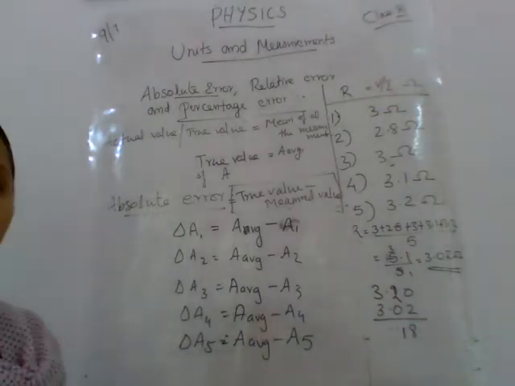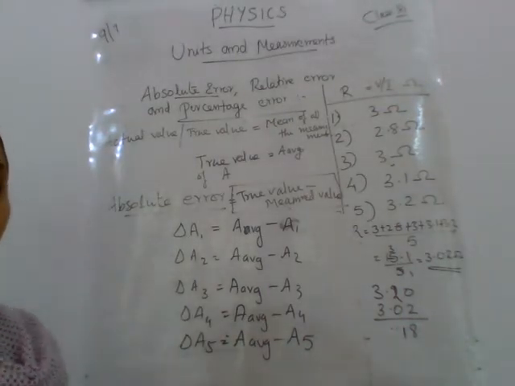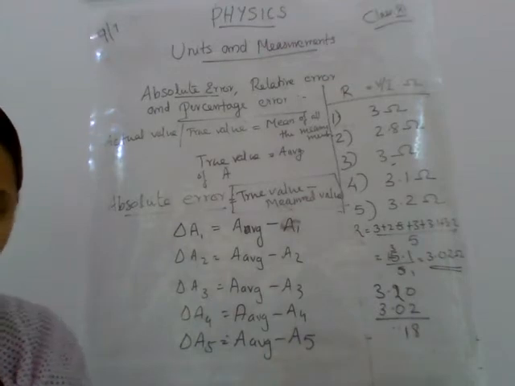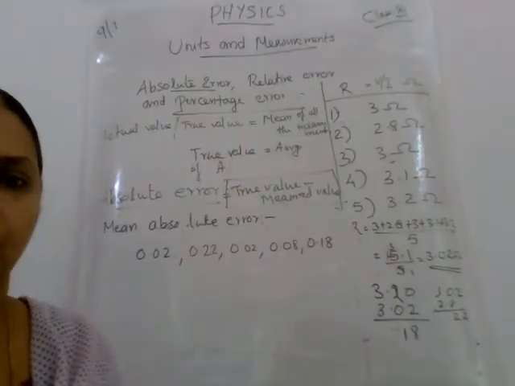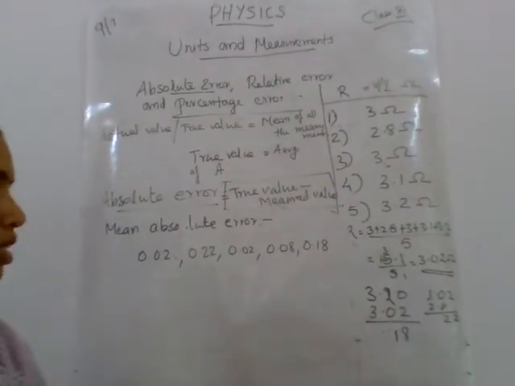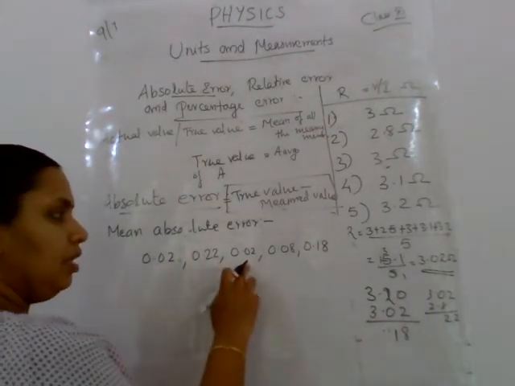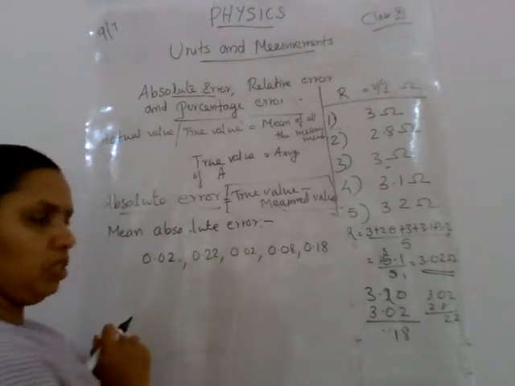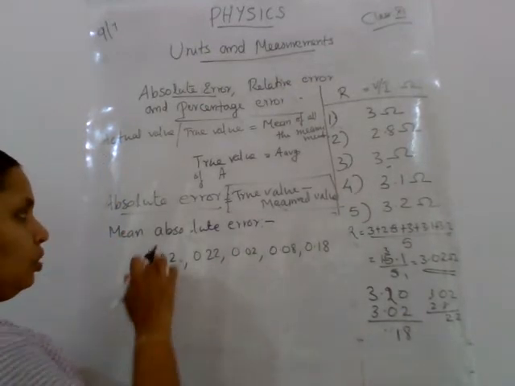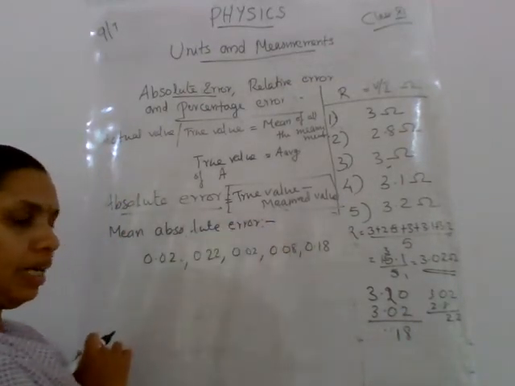Then next we have to find out the mean absolute error. These are the absolute errors we got, isn't it? This is for the first one, second one, third one, fourth one and fifth measurement. Absolute errors. So what will be the mean absolute error?